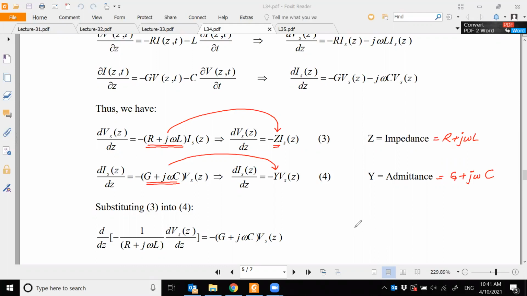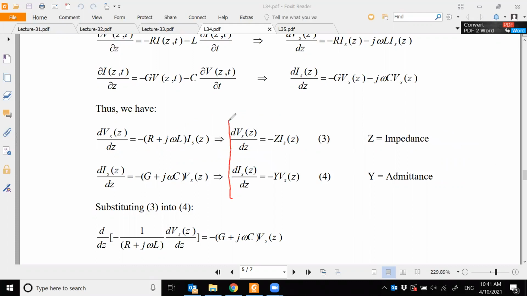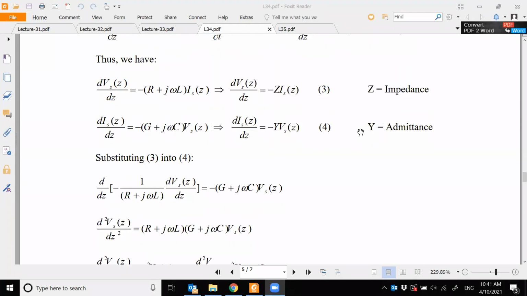So now my equations have simplified even further. These are my two equations that I need to solve, and they are still coupled. So in order to solve, I need to substitute one inside the other. I will substitute 3 into 4, very similar to how we did with Maxwell's equations.